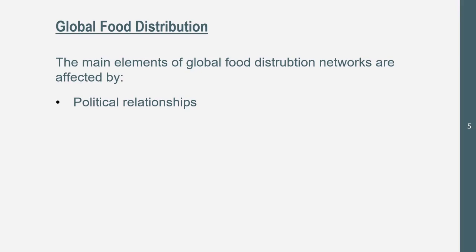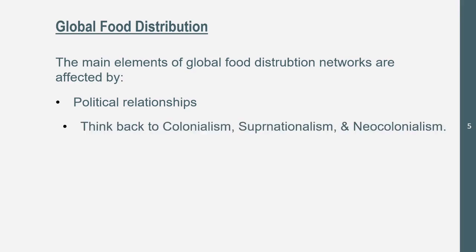If they don't have good political relationships with China, do you think they're going to distribute their food to China? Maybe not as much as they would if they had good relationships. If they have great relationships, they may ship more, do special favors with the food, trust them more, say, okay, we'll pay you later, stuff like that. And this could lead to problems actually later on, different trust issues and economic problems.